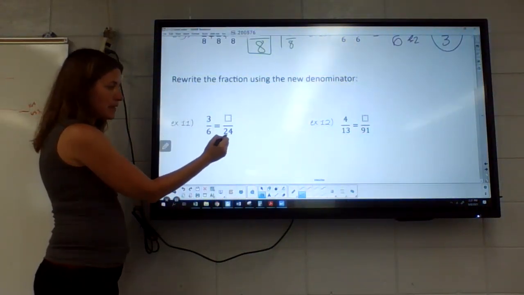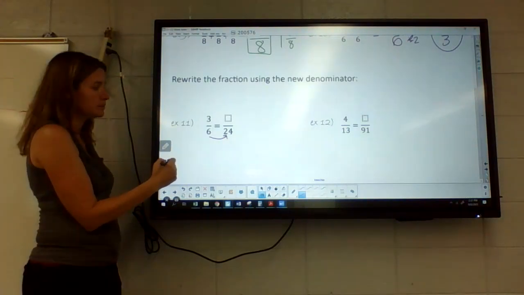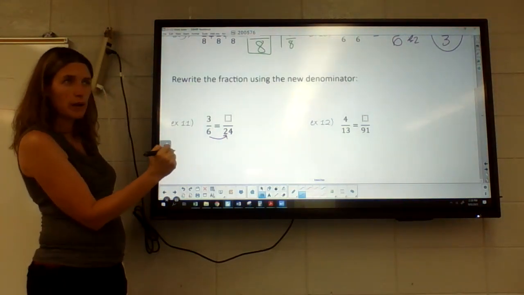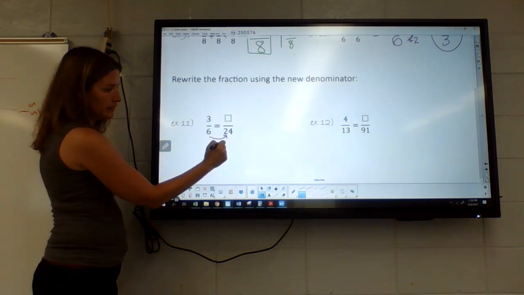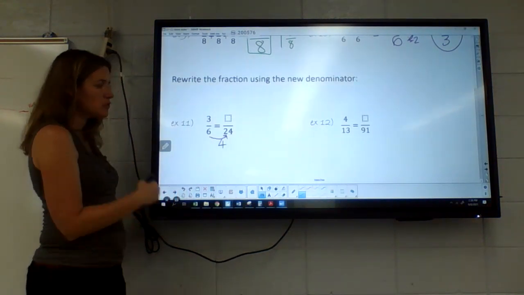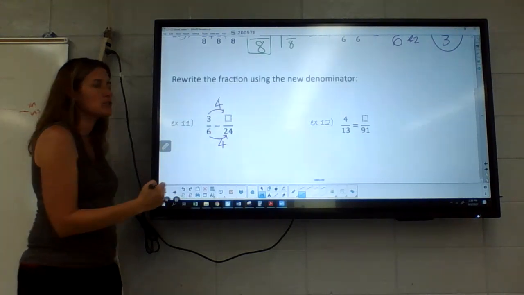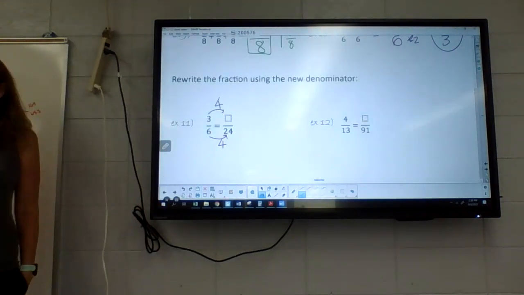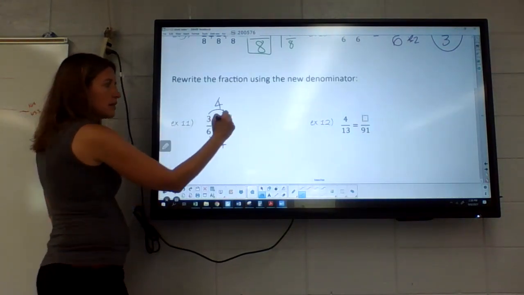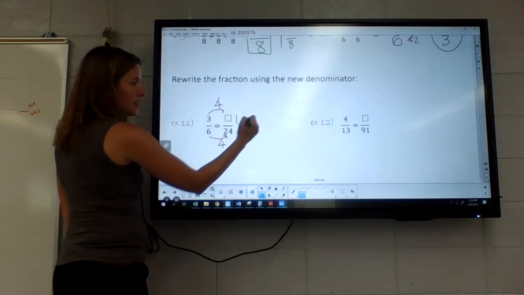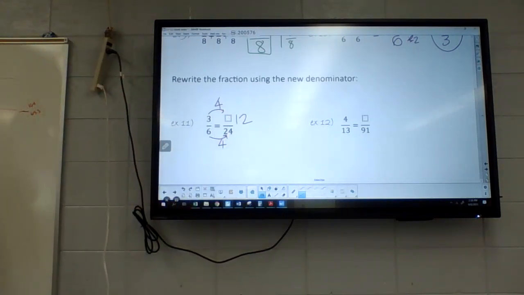How does 6 become 24? Times what? Times 4. Okay. If I do that to the bottom, that's what I have to do to the top as well. So I'm going to do 3 times 4, which would give me 12. So in the box here, I would put 12. And if you think about that, 3 over 6 is a half, 12 over 24 is a half, kind of reasonable outcome.